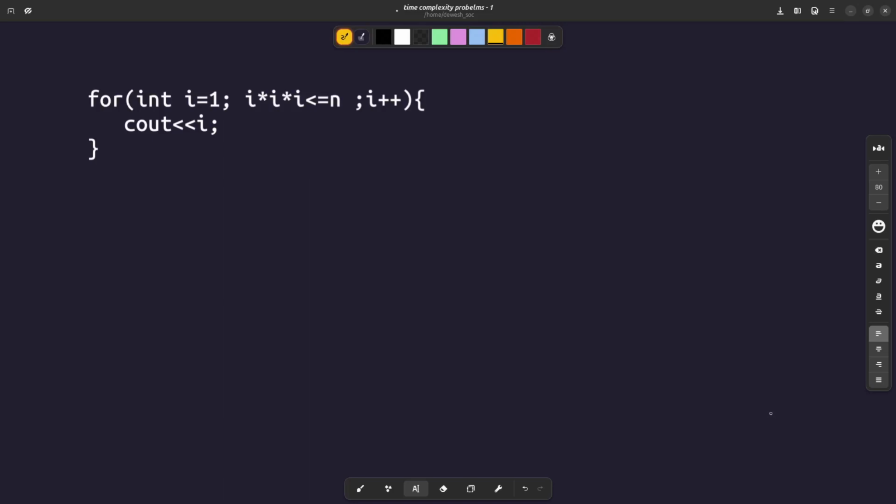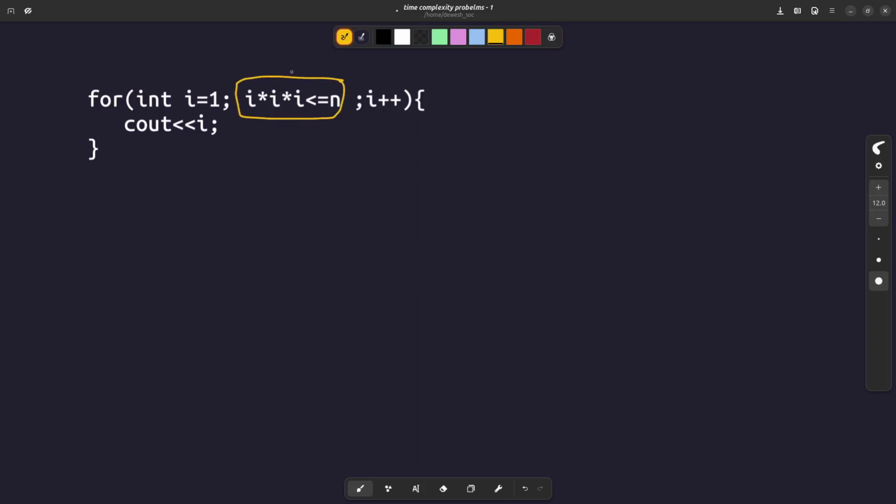Okay guys, so this is the last problem, the 5th problem. This is pretty easy actually. i = 1, i * i <= n, i++, simple loop, right? But what happens is people get confused with this part. They're not able to understand what will happen with this one.